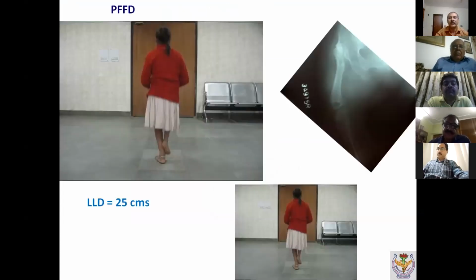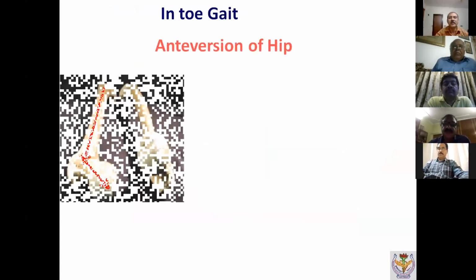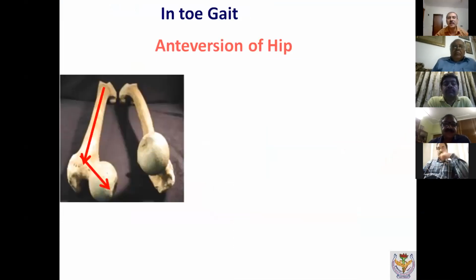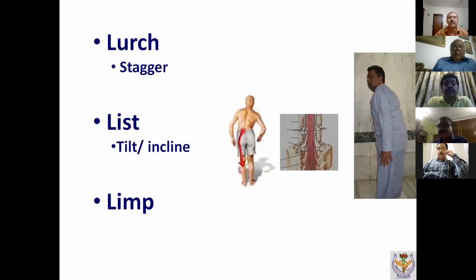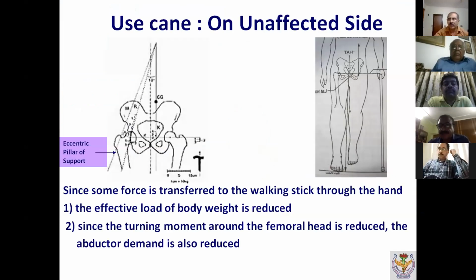So this is the question which was asked. When we use a cane, like we were talking about cane in the opposite hand, there are various things. First is a very logical thing that from the physics we know that the more the base, the better the stability.